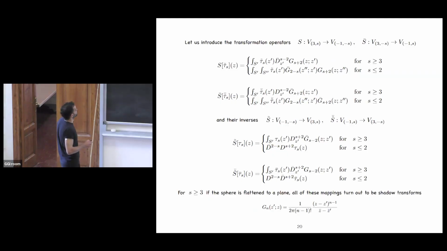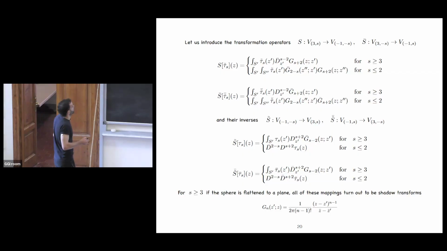So you can introduce shadows for the parameters, S and S bar. What I mean by shadows is that these are really the shadows where S is bigger or equal than 3. When S is smaller or equal than 2, this is not really the shadow, but it's the diamond I was saying before. There is this duality pairing that is not really the shadow, but it does the same switch of weights.